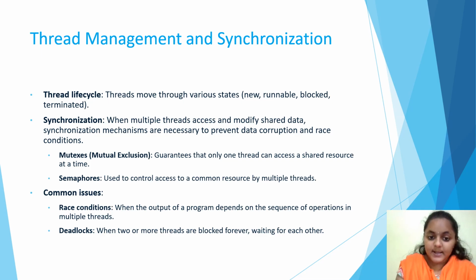Common issues: race conditions, where output depends on unpredictable timing between threads, and deadlocks, where two or more threads wait indefinitely for resources held by each other. For example, two threads withdrawing money simultaneously without locking can cause an incorrect account balance.